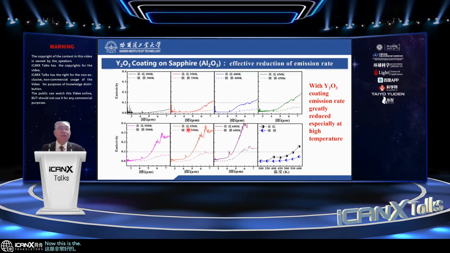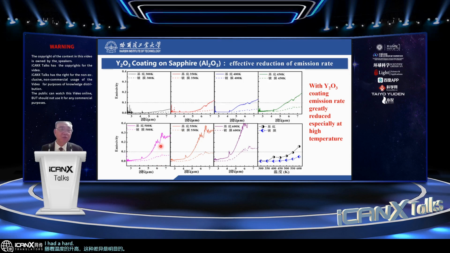Now let's take a look at the experimental results of yttrium oxide coating on sapphire. Effective reduction of emissivity is observed. You see this dotted line is for the coating. The solid line is for the substrate. With the temperature increase, this difference is obvious.